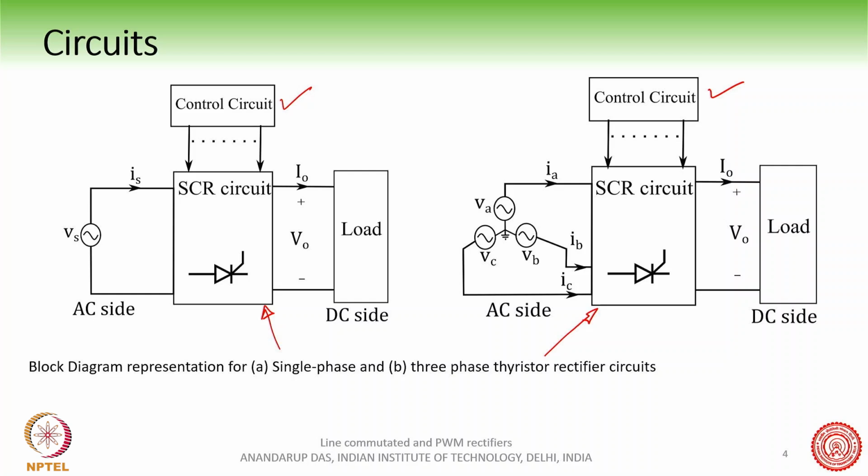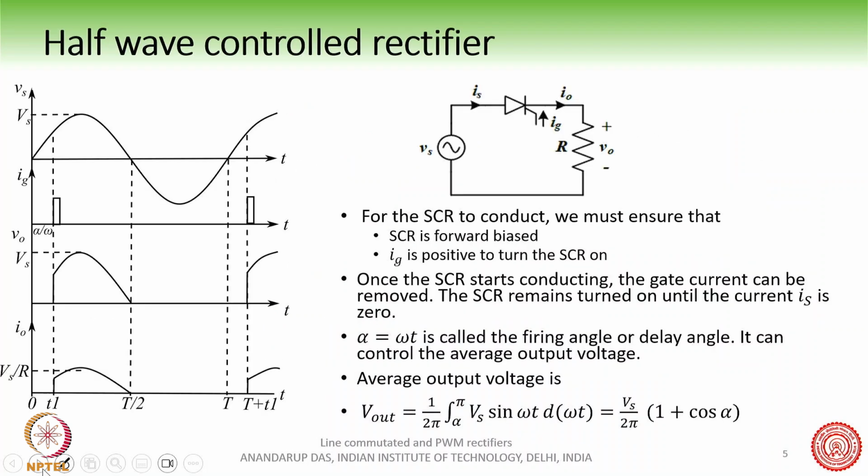We can get an output voltage which is variable, so we can control the output voltage. More specifically, we control the average DC output voltage. This is what is controllable from a thyristor rectifier. And how do we do it? We will see that here.